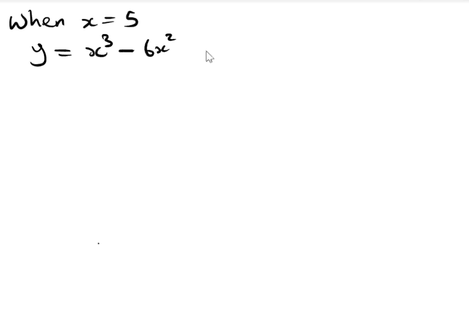When x is equal to 5, our original equation is y is equal to x cubed minus 6x squared minus 15x plus 1.